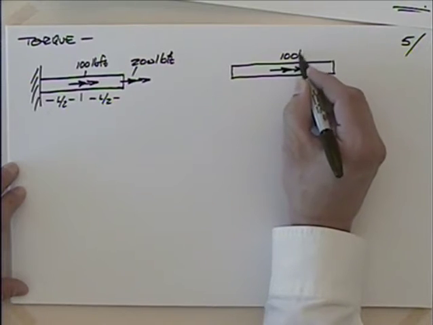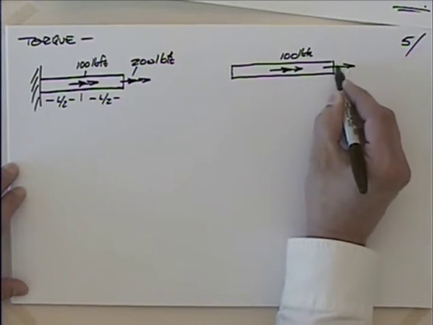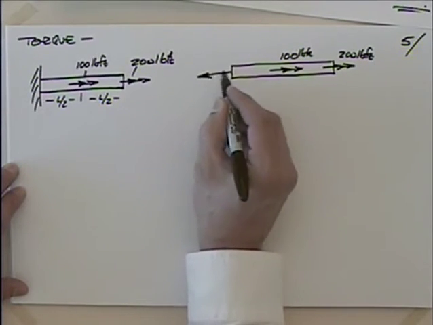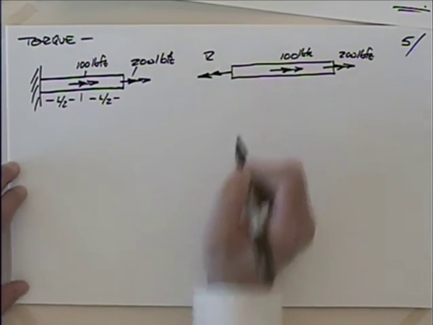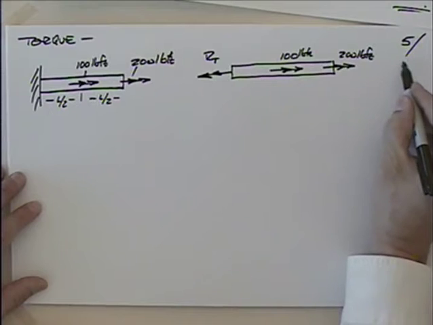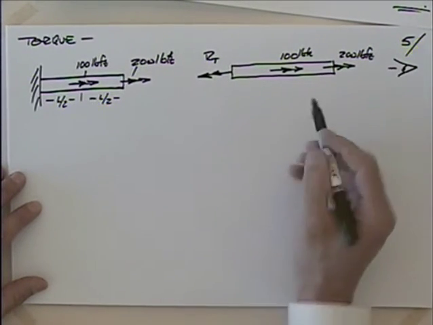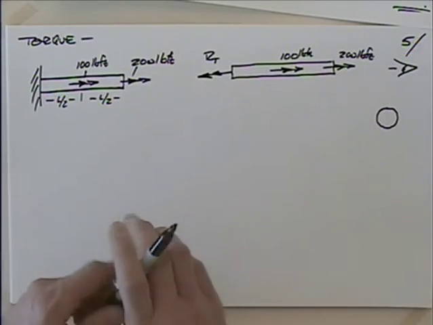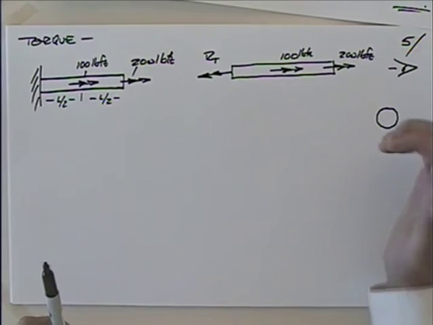So I have 100 pound-feet and 200 pound-feet, and then I have this reaction here. I guess I'll call it R, or maybe RT, the reaction torque. Maybe that'd be a little bit better. And this gets a little difficult. I mean, we can kind of shortcut it, but what you really have to think about is coming down here and looking at it from that direction. Let's say that's a circular shaft, and we'd have this 200 that would be, let's see, coming out.